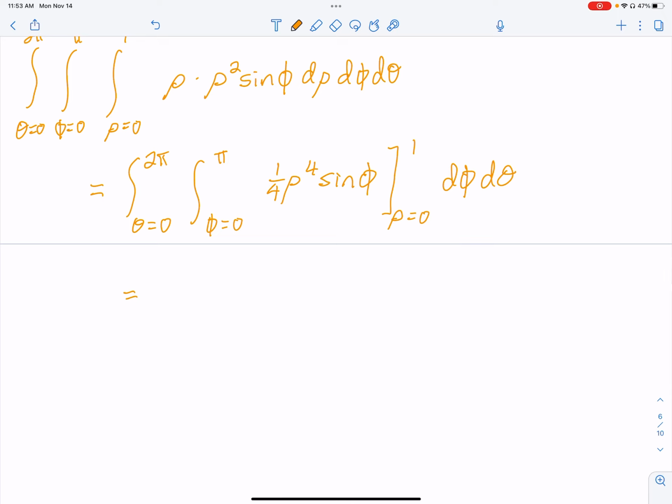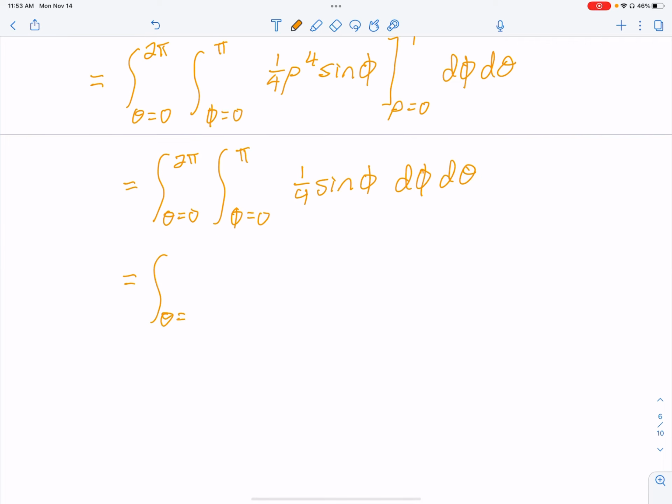I'm going to plug all those in. What's really nice about this is that rho equals 0 just gets rid of it. So theta from 0 to 2 pi, phi from 0 to pi, and plugging that in, I get 1/4 sine phi, d phi, d theta.